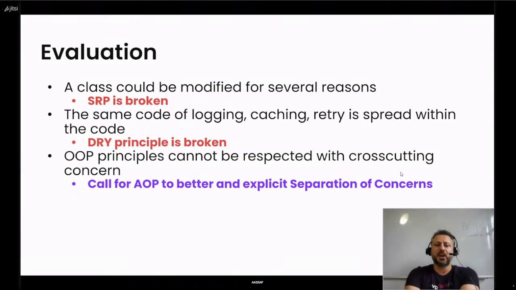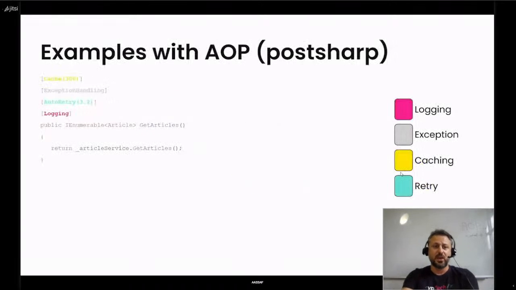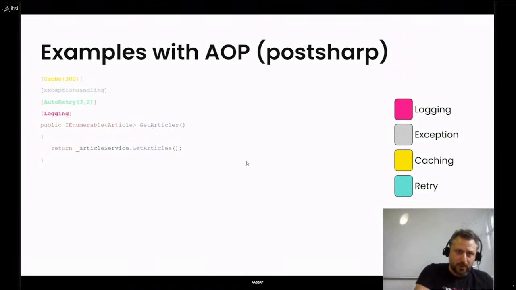For this reason, we can call on AOP to better and explicitly separate what we have seen. What do you think if we simply put on top of this method these attributes: cache, exception handling, auto retry, logging? We can have the same behavior as before.